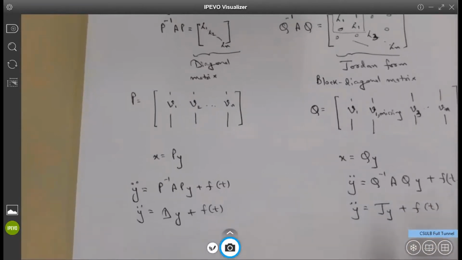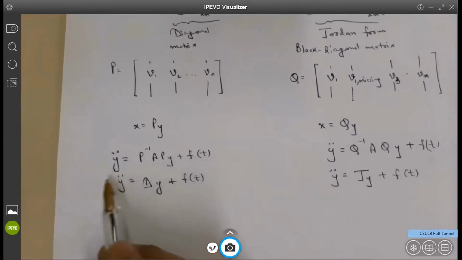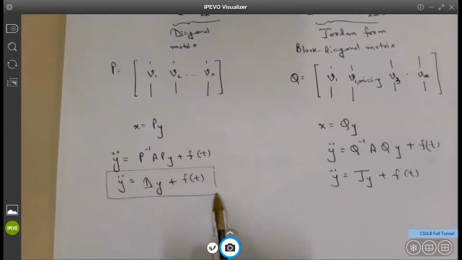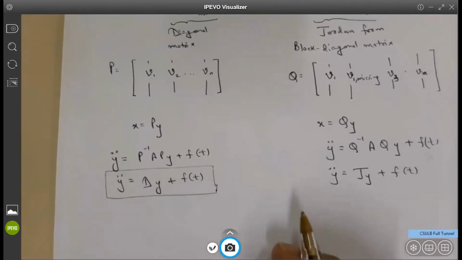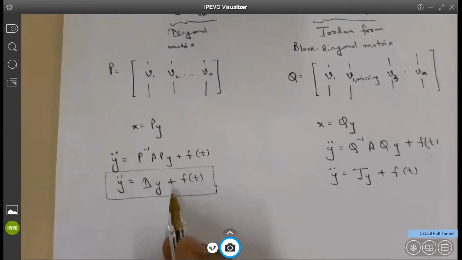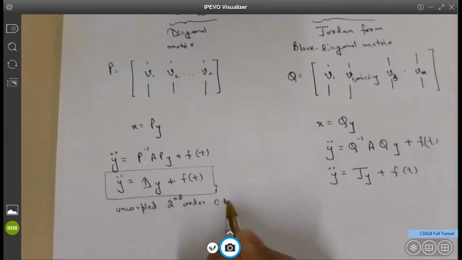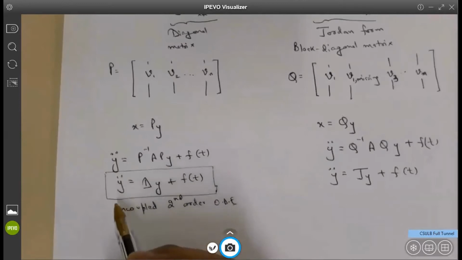So this is basically uncoupled second order ODE. And you know how to solve this from the standard solution available for second order ODE. So depending on the number of vectors, you have number of independent equations which can be independently solved one at a time.